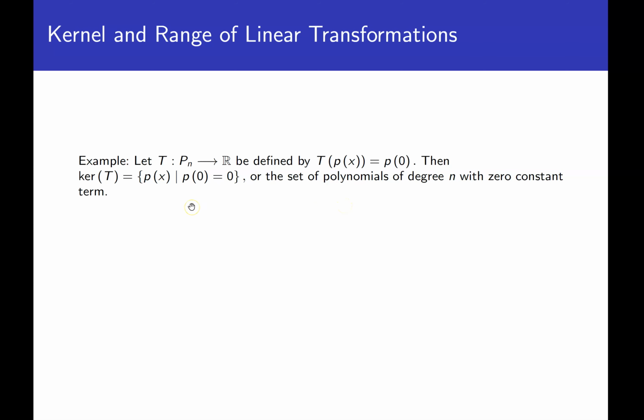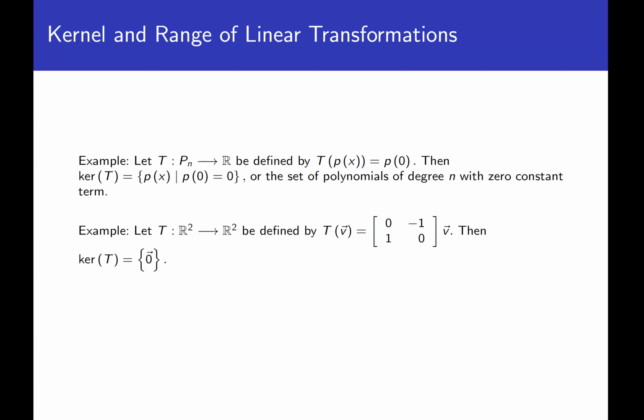Then the kernel here is anything that when you plug in 0, you get 0 out. Okay, well, if I'm going to plug 0 in for x into a polynomial, that's going to kill all of the powers of x. The only thing I would be left with is the constant. So the kernel here must be the set of polynomials that have 0 constant term. Or said another way, anything that you could factor x out of.